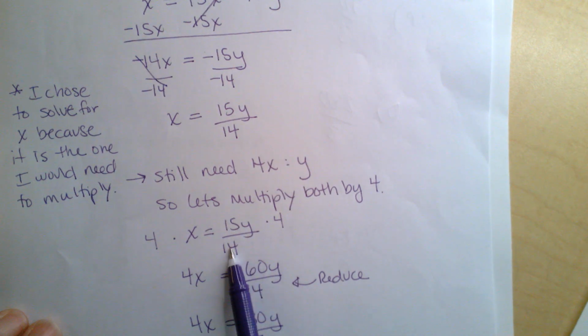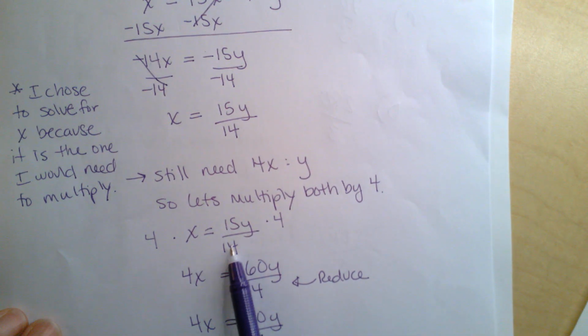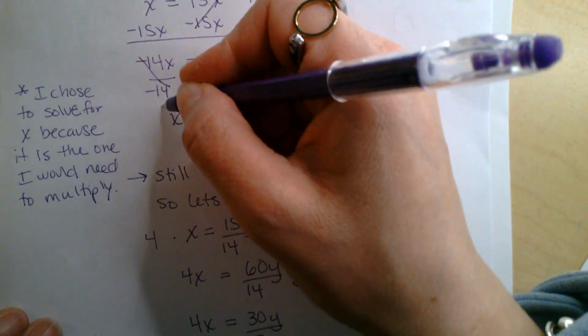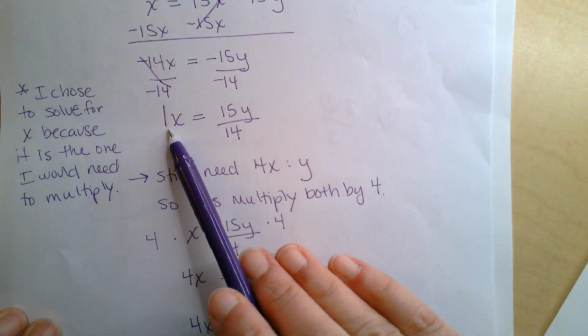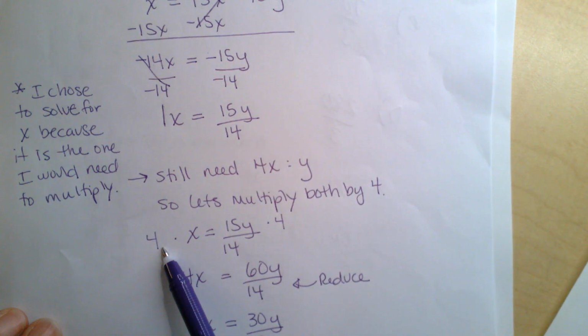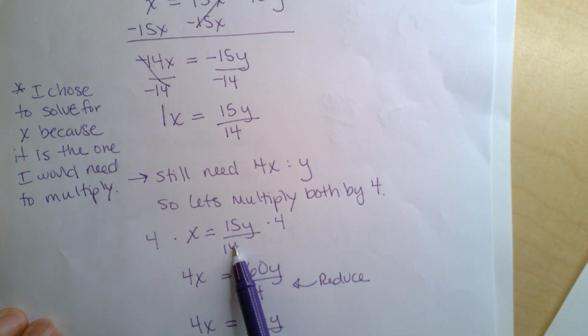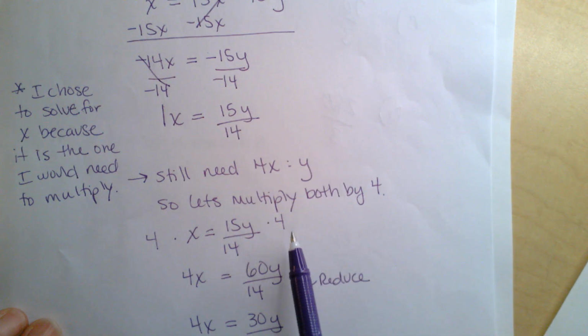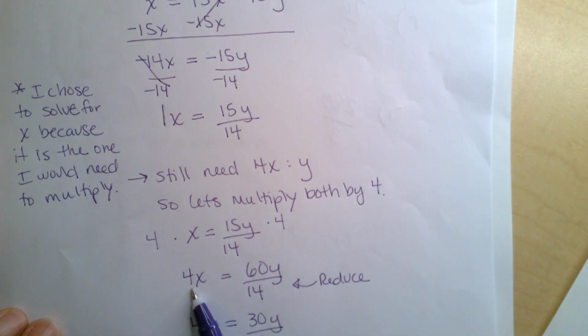Now be careful because you see this answer. It was one of our answers, but this is just one x. We need 4 of them. So be careful when you're doing this using the solving method. So I multiplied both sides by 4, and I got 60 over 4.